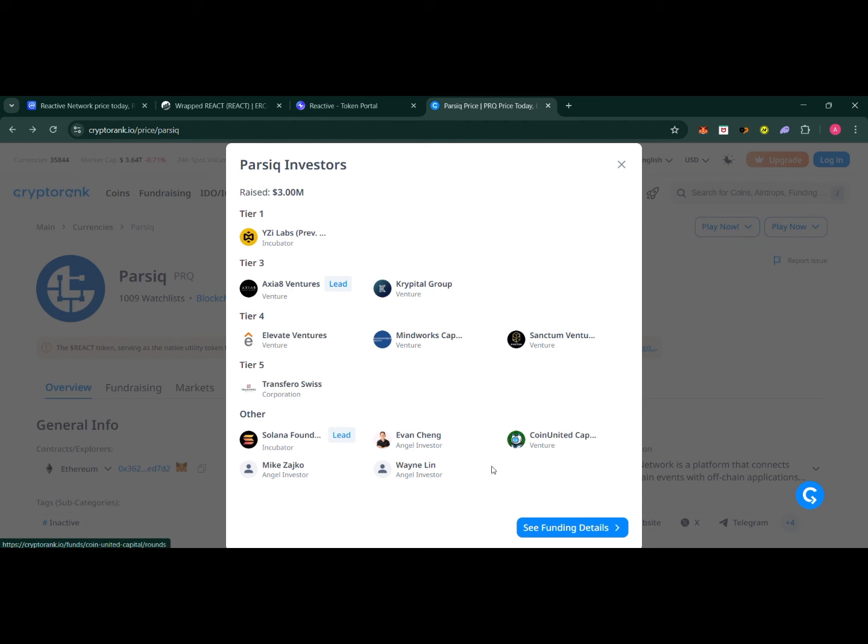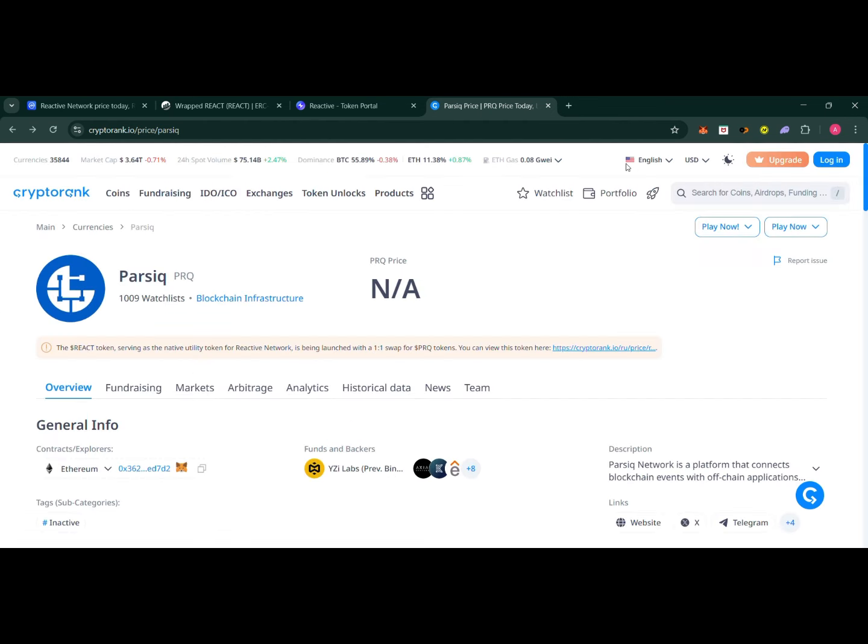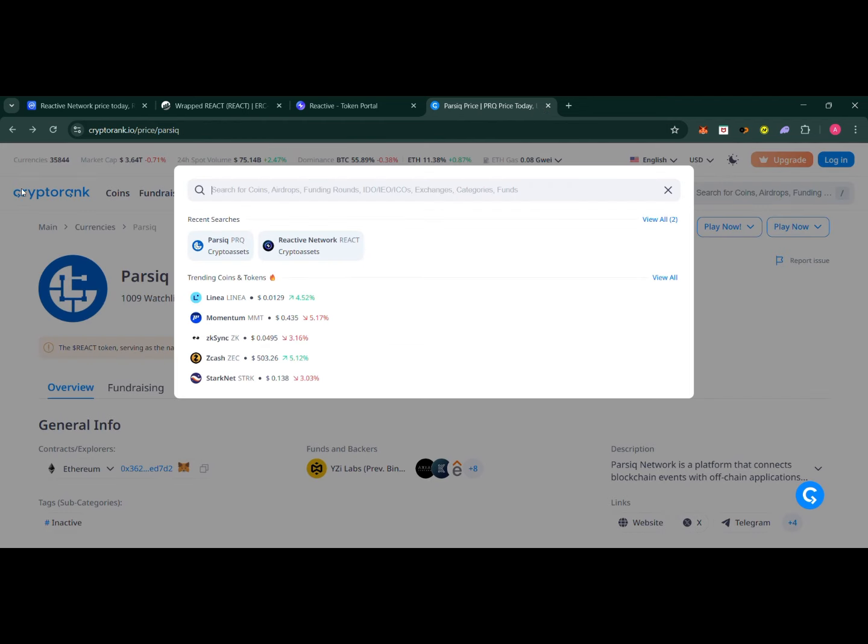Okay. Why I'm telling you all of this is because it's good to know what kind of contacts this token had, right? Now here you can see this token was available on Ethereum and BNB, right? And if I go to Reactive Network, so this website is really good. You can research about any coin.